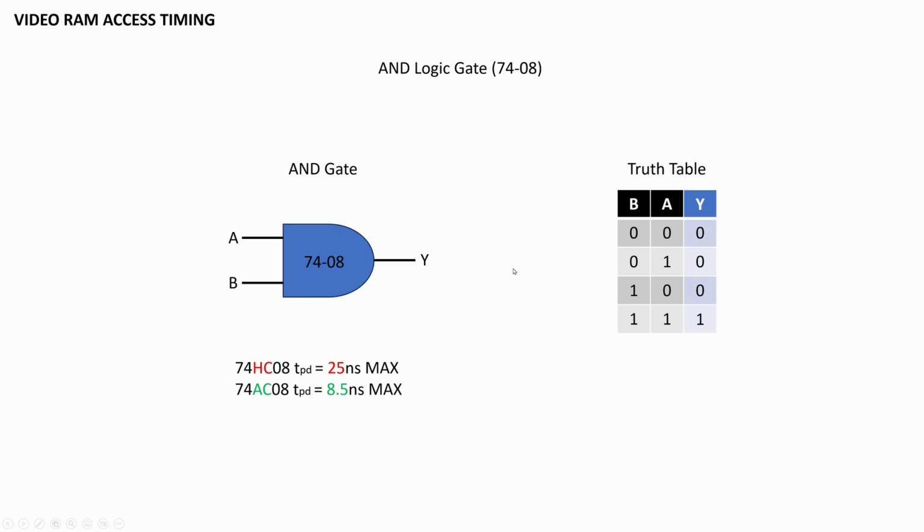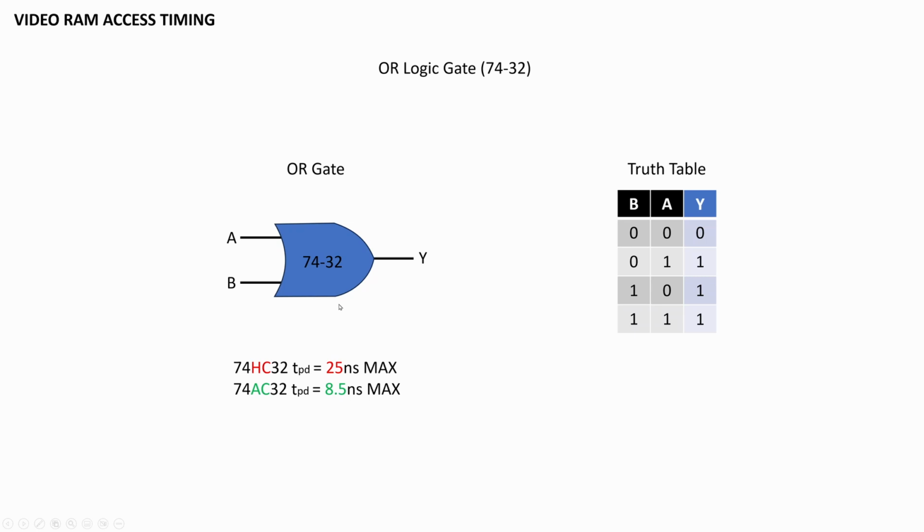Exactly the same principle. Because we're interested in the zeros, it takes on the function of an OR gate. So if A is low or B is low, then Y will be low. Again, we have the exact same propagation delays, 25 nanoseconds for the HC part and 8.5 nanoseconds maximum for the AC part.